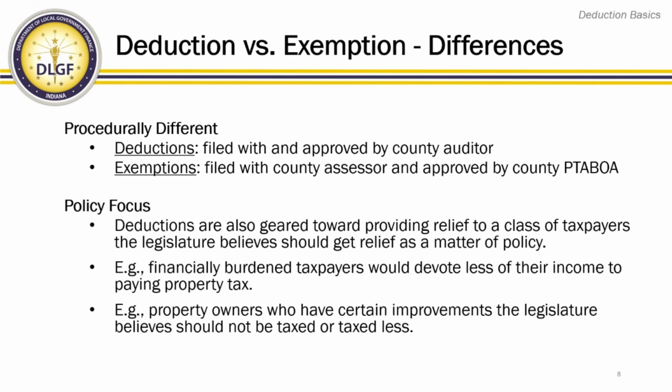This could be homeowners, which is, I think, the reason behind the homestead deduction, or property owners that have certain improvements that are unique or different in a way that the assessed value shouldn't be altered in some form or another, but maybe having the amount of that assessed value of that property type lessened for purposes of what they base the tax on.